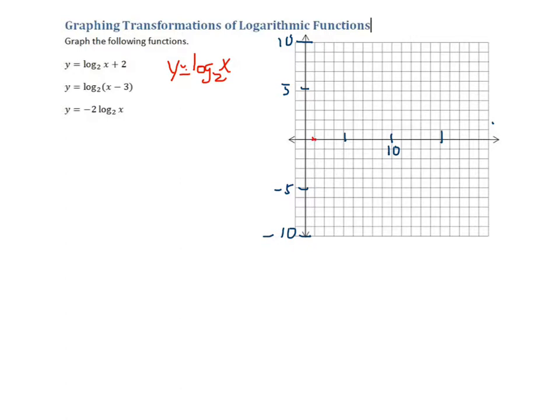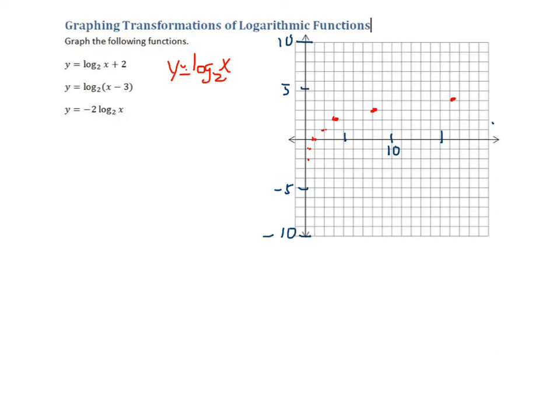If we go up 1, 2 to the first power is 2, so we're going to put a point right over here. 2 to the second power is 4, so we're going to have a point right over here. 2 to the third power, we're going to go up 3 and over to 8. 2 to the fourth power, we're going to go up 4, and 2 to the fourth power is 16. And then we're going to have a half, a fourth, so on and so forth.